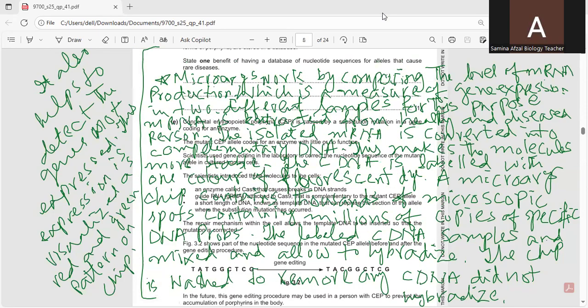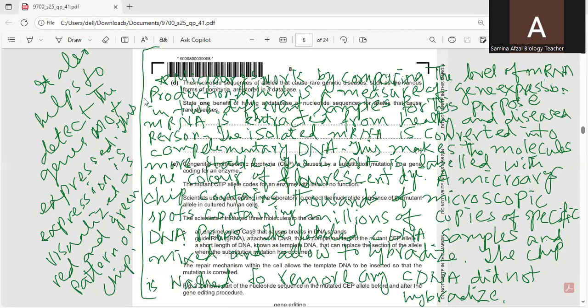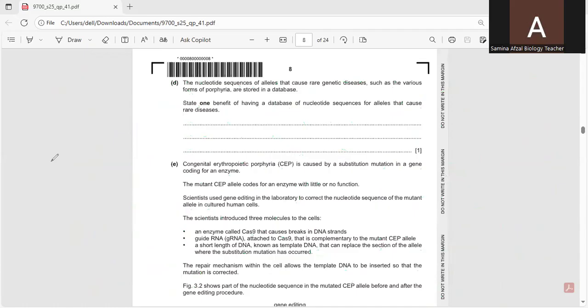Now moving towards the next part, D. The nucleotide sequences of alleles that cause genetic disease, such as the various forms of porphyria, are stored in a database. State one benefit of having a database of nucleotide sequences for alleles that cause diseases.